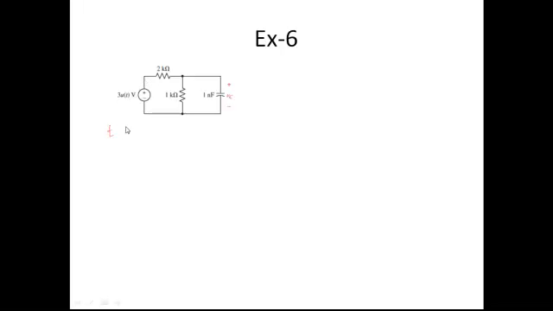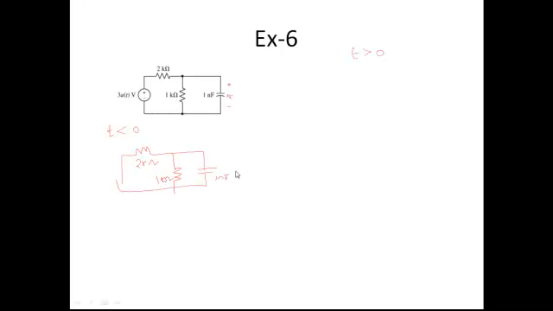You have to draw two circuits, one for t lesser than 0 and one for t greater than 0. For t lesser than 0, the voltage does not appear, so the voltage is 0. Therefore this place will be short circuited, and your circuit will be simplified like this. This is the circuit at t lesser than 0: 2 kilo ohms, 1 kilo ohm, 1 nanofarad.